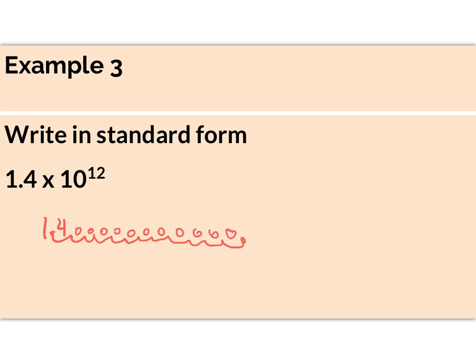That gives us 11 zeros, and the commas go 3, 3, 3: millions, billions. So that's 1.4 trillion. That's a lot of money. So when you hear them talk about budgets and they talk about trillions, that's what it looks like.